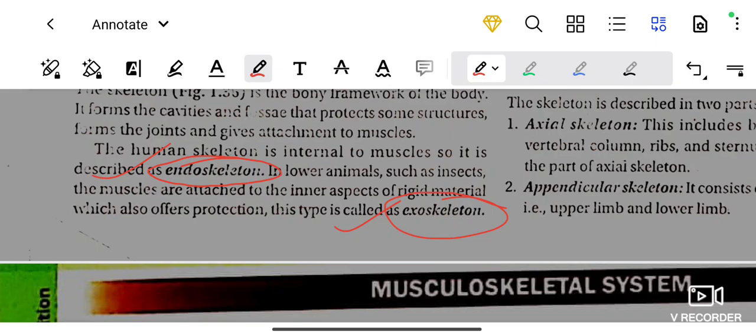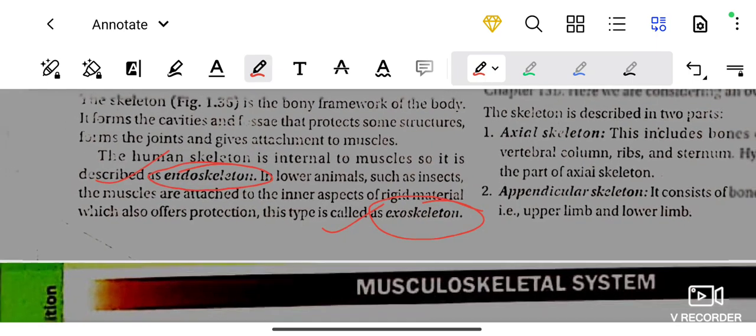Exoskeleton means in lower animals such as insects, the muscles are attached to the inner aspect of rigid materials, which also offer protection. Both endoskeleton and exoskeleton protect the organs. So two types of skeletons are there: first is endoskeleton and second is exoskeleton. Endoskeleton is internal, while in exoskeleton the rigid material is on the outside.